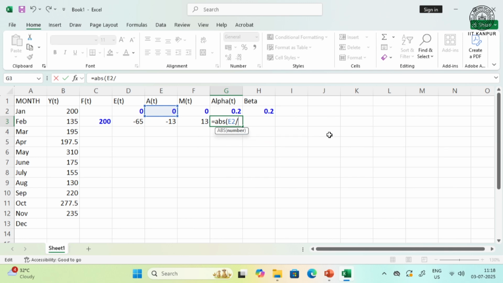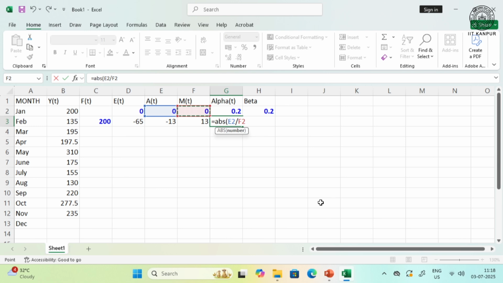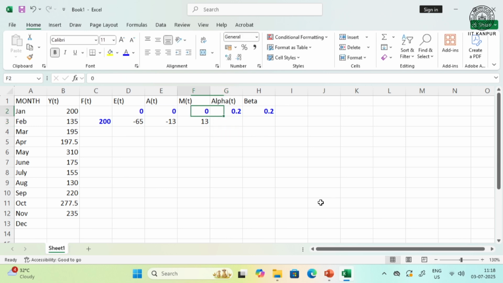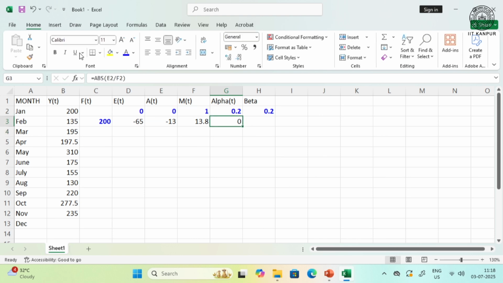It cannot be 0, so I will consider a value of, say for example, 1. It is equal to the absolute value of et divided by mt, so it is 0. Say for example, if I change it for the time being, you will see the values will be changed. So this is a lengthy problem.